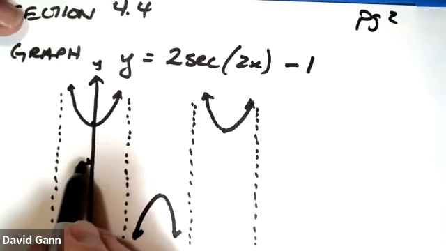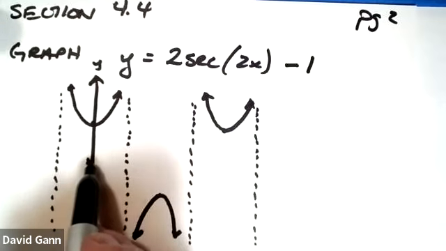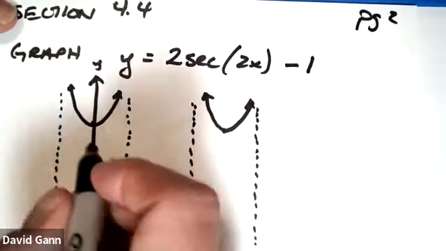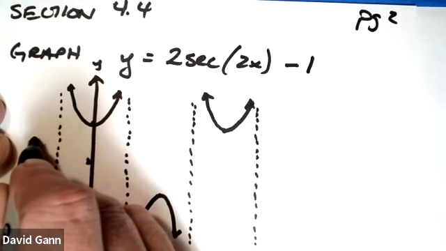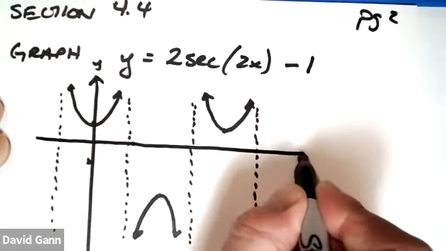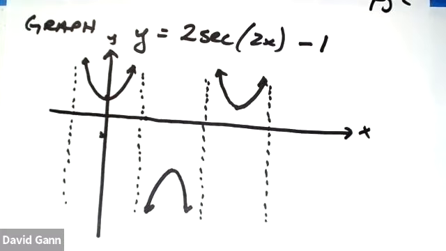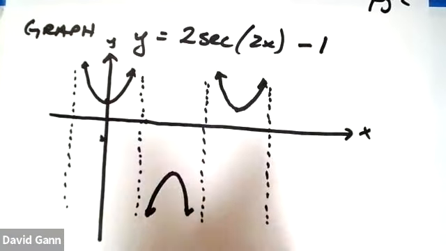And recall that this point down here has a y value of -1. So we can tell right away that the x-axis must fall directly between them. Okay, so now we've got our x-axis and y-axis placed.